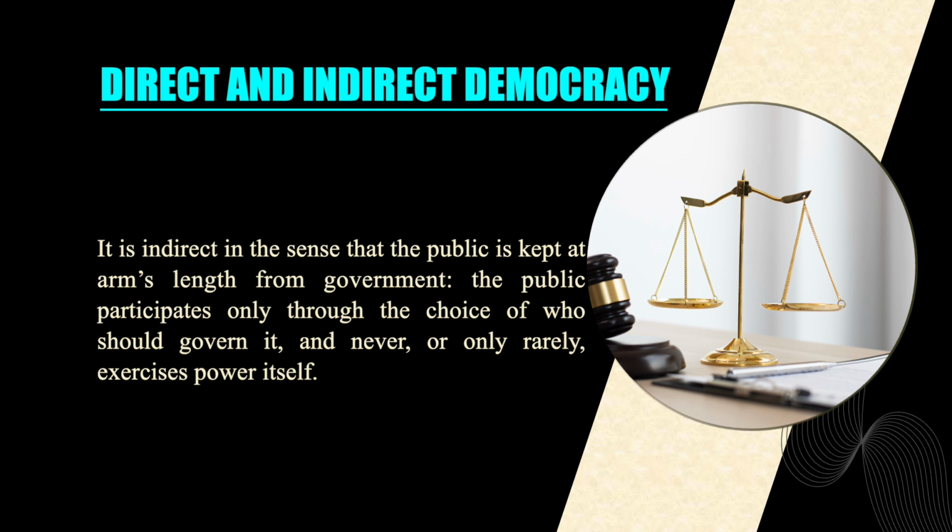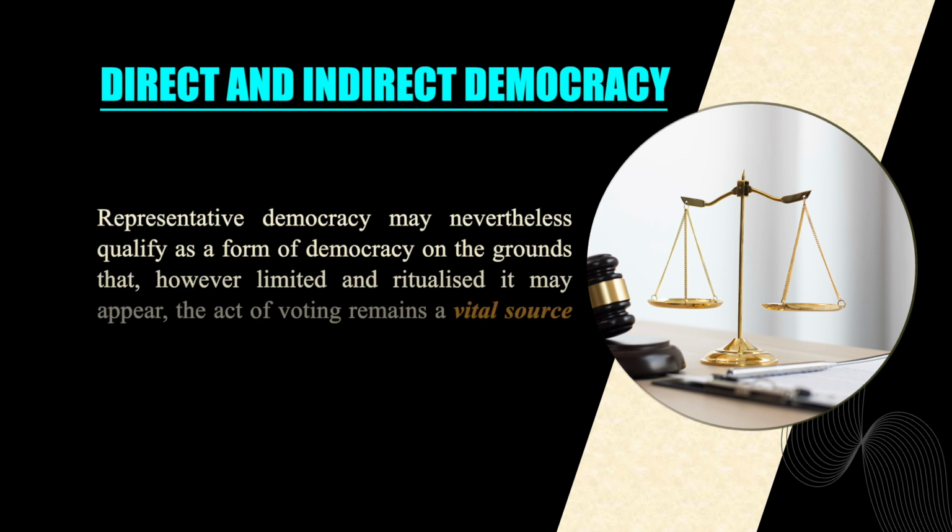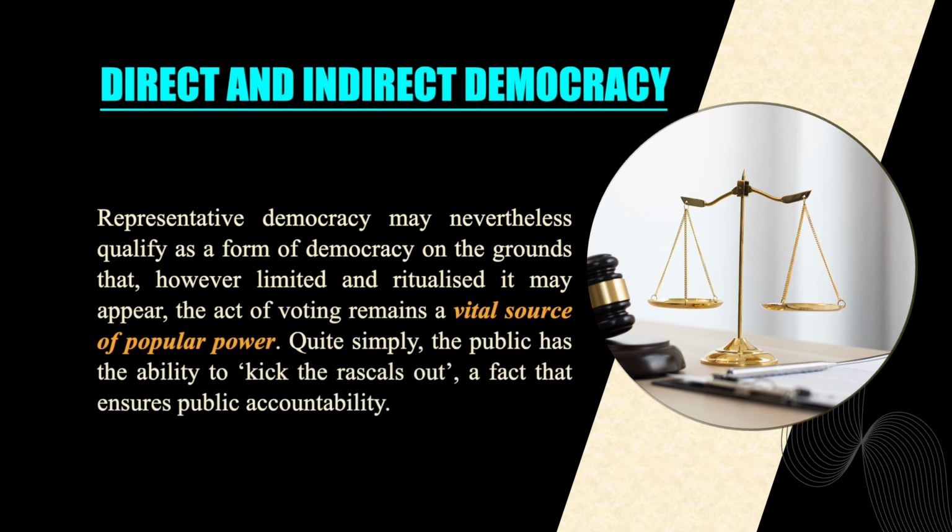The public participates only through the choice of who should govern it, and never or only rarely exercises power itself. Representative democracy may nevertheless qualify as a form of democracy on the grounds that, however limited and ritualized it may appear, the act of voting remains a vital source of popular power.